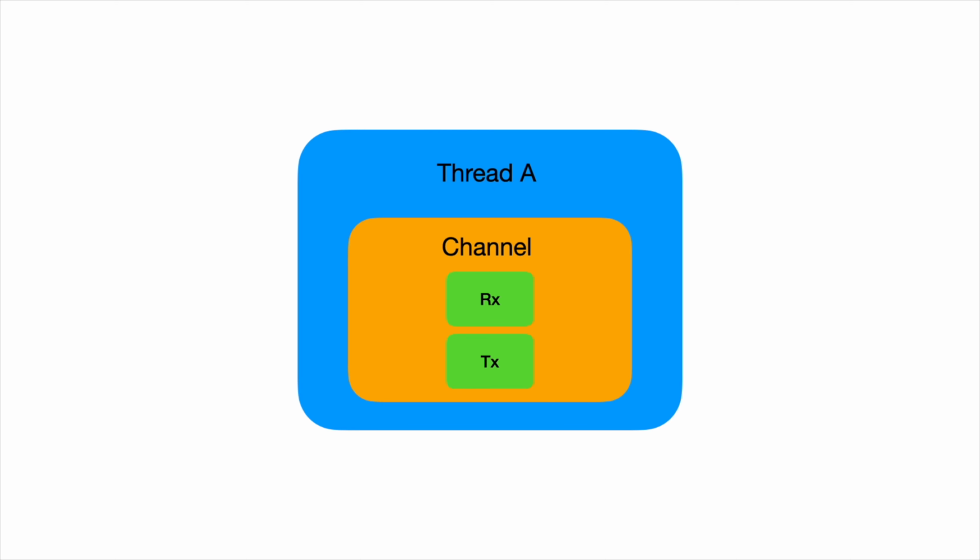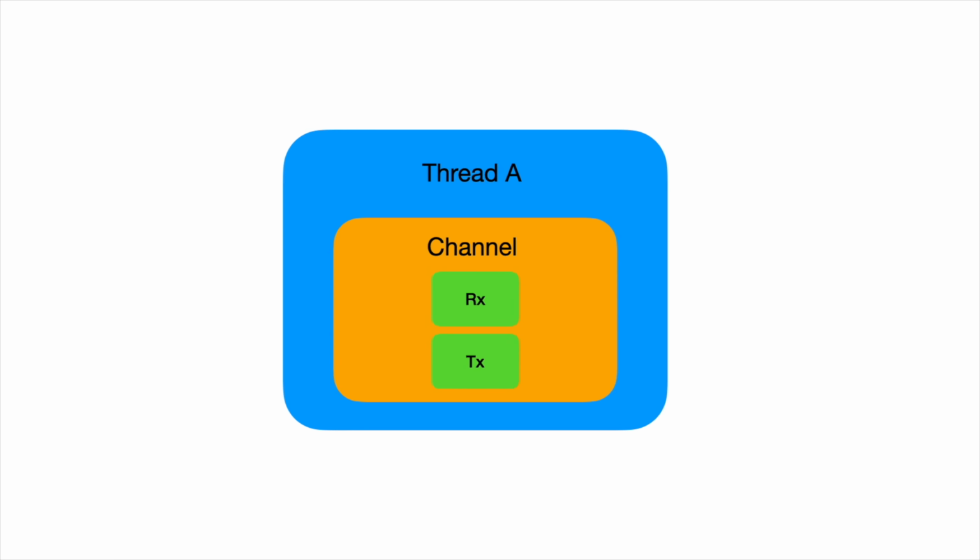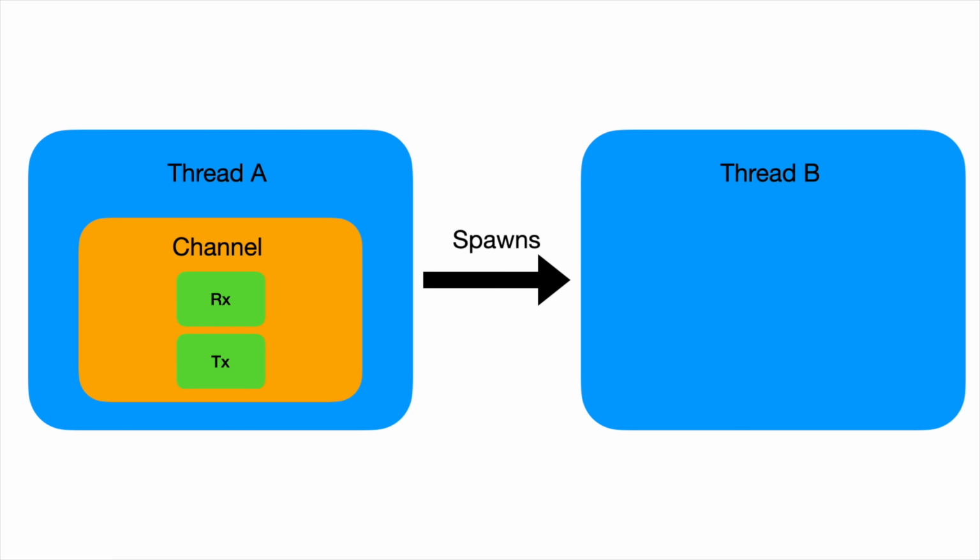And what we're going to do after we have this channel ready to go: transmit, the TX, is going to be responsible for sending data into the channel, and RX is going to be responsible for getting data out of the channel. So what we're going to do, with my fancy animation here, is spawn a separate thread, right?